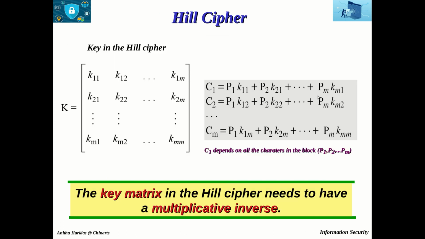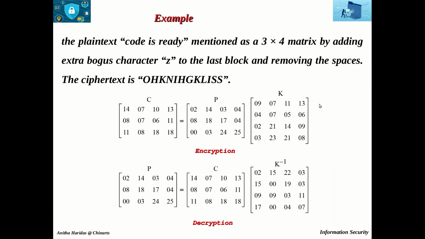P1 to Pm will be multiplied with the first column of the key matrix, this one. So all these 4 characters will be multiplied with the corresponding key characters to produce one character of ciphertext. Again, for producing this character, the entire block is multiplied with the second column of the key matrix.